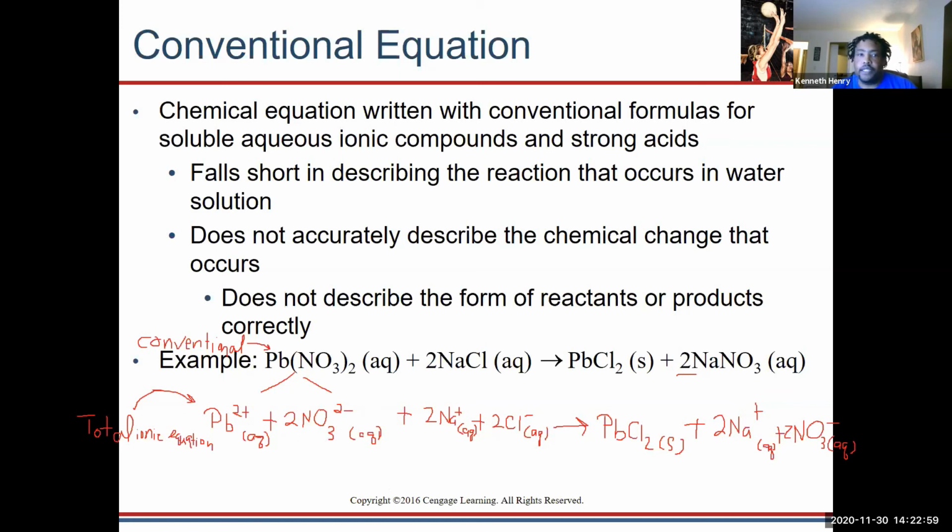Sorry, that shouldn't be 2 minus, that should be minus. So do we have NO3 minus over here?